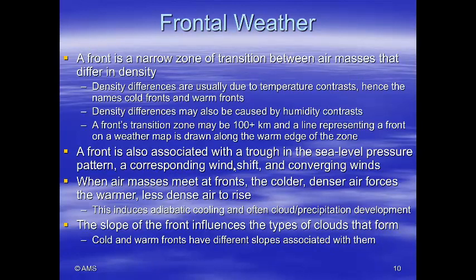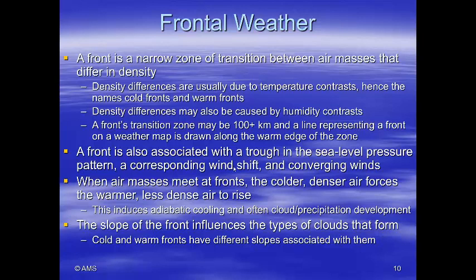When two air masses come together, there's a transition zone, and this transition zone is known as a front. A front is a narrow zone of transition between air masses of different density. The density differences are usually due to temperature contrast.